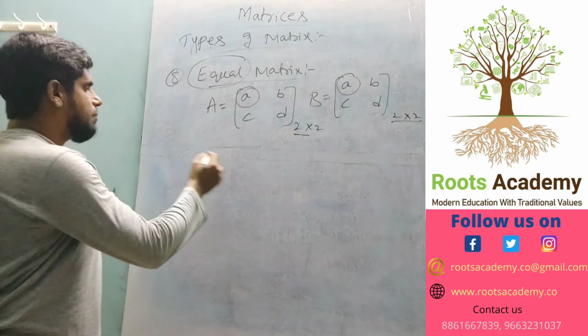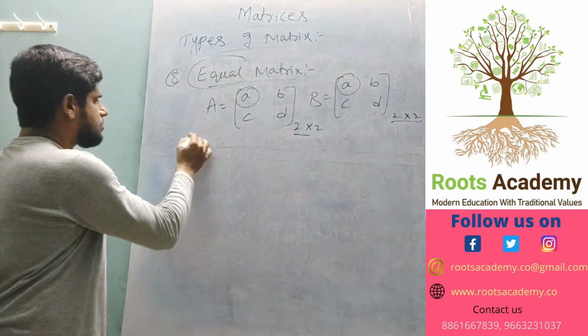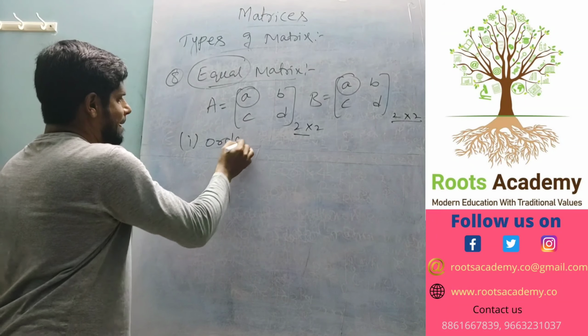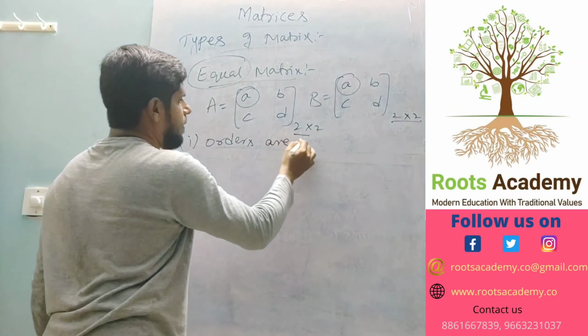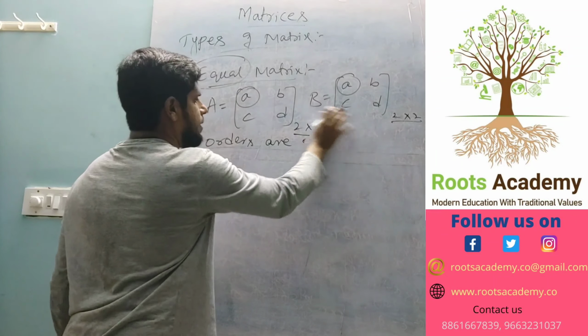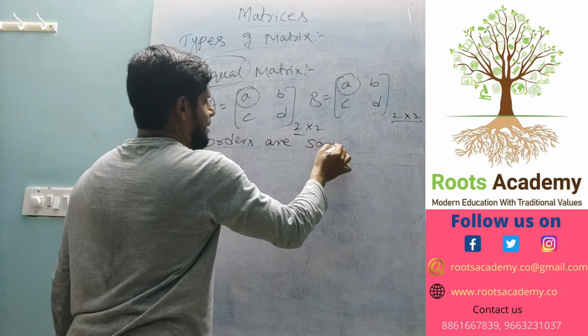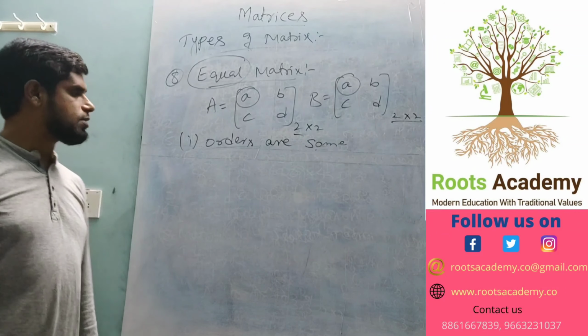So when can we say two matrices are equal? First thing, orders are same. Both the matrices should have the same order.